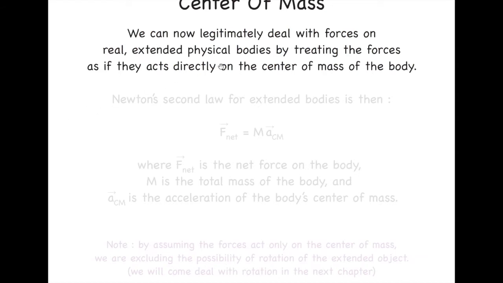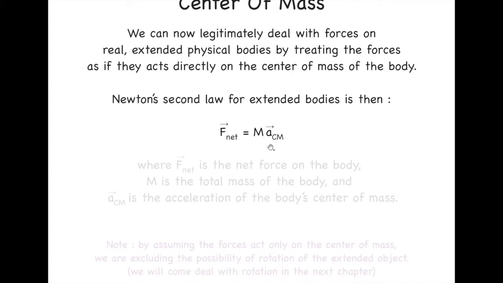We can now legitimately deal with forces on real extended physical bodies by treating the forces as if they act directly on that center of mass of the body. What we're saying is that Newton's second law for extended bodies is that a net force applied to a mass will cause an acceleration of the center of mass of that body, right?